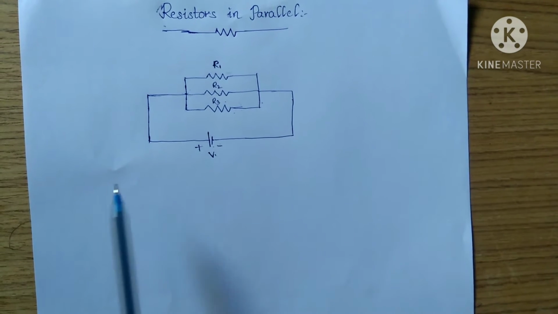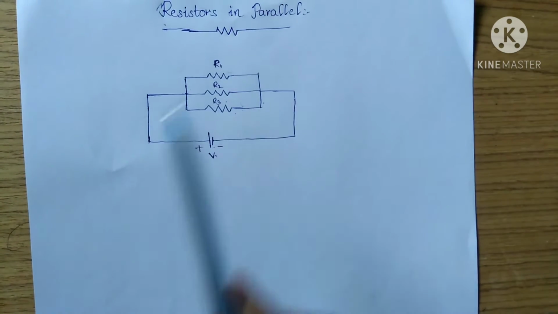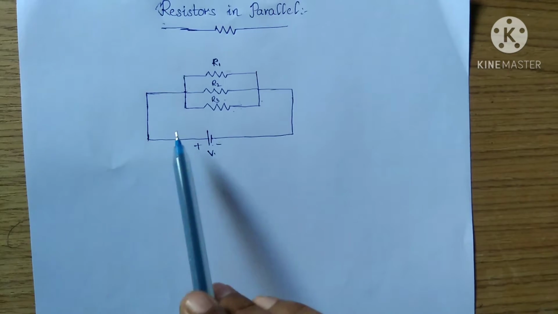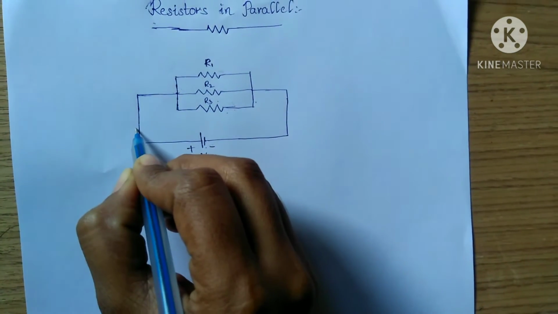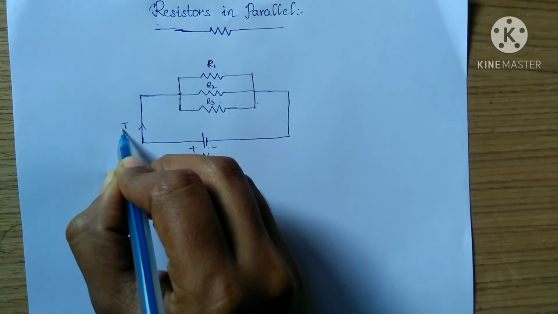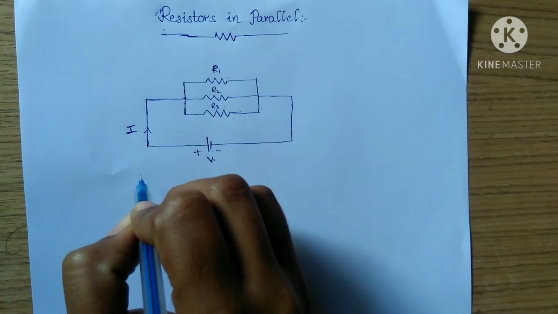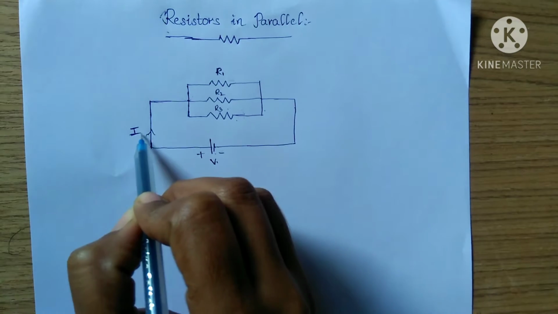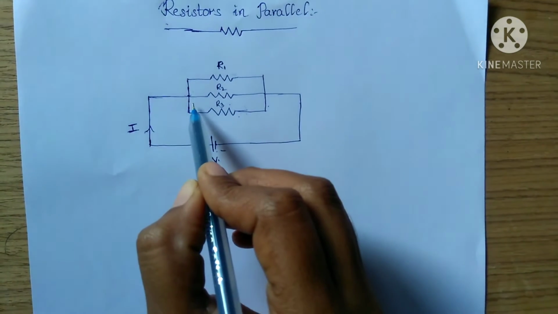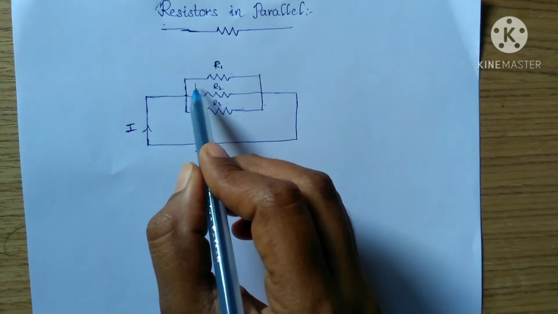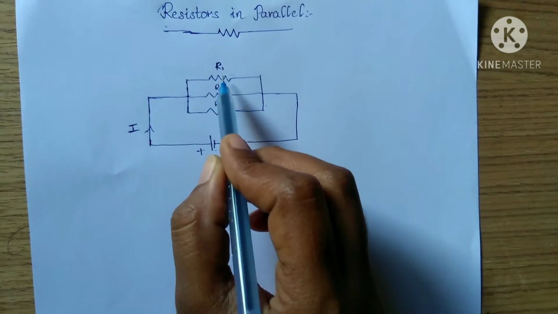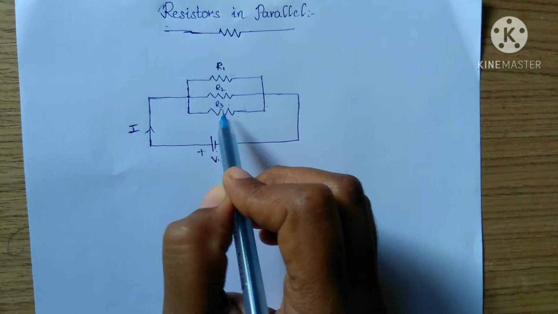The source current flowing through these resistors is divided. Let us consider current I. Whatever current from the voltage source, considered as I, is flowing through these resistors and it is divided according to the value of the resistance.